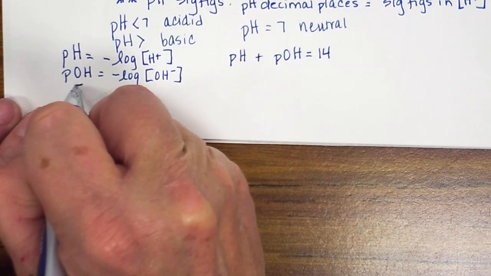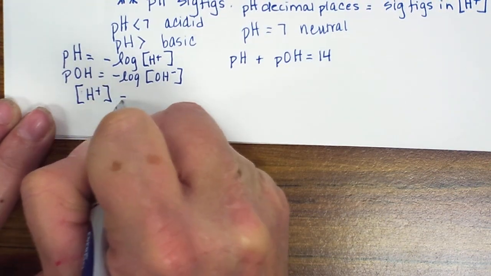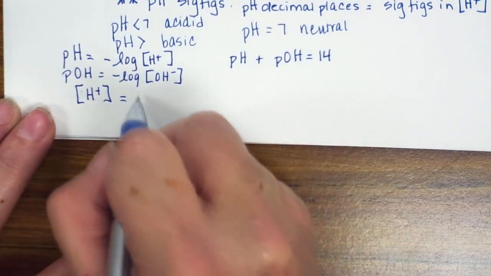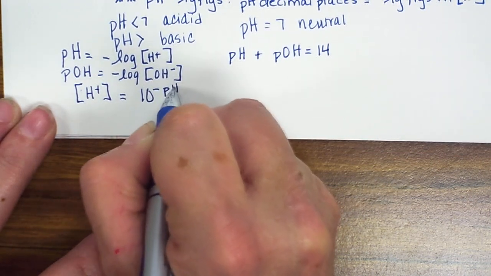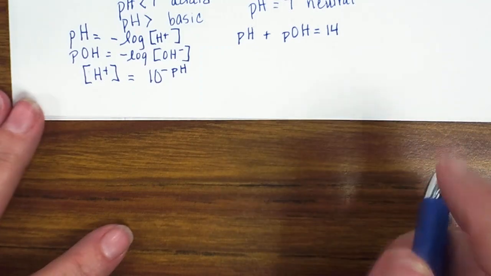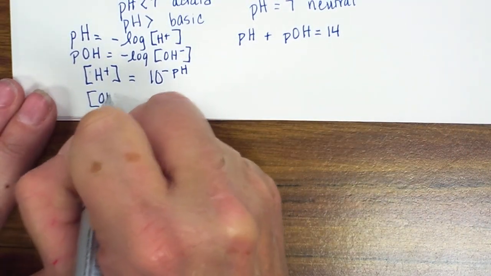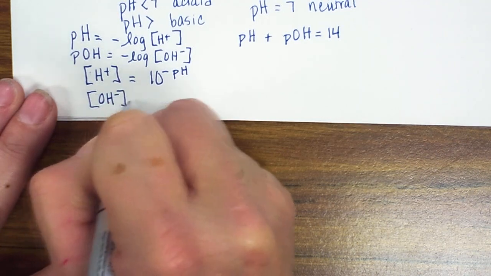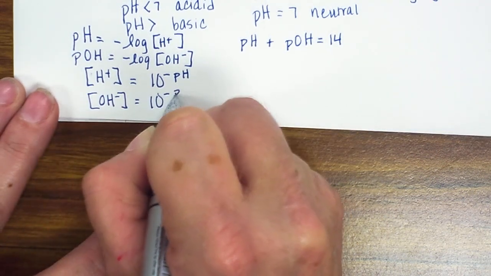The concentration of H plus equals 10 to the minus pH. That's important, by the way. The concentration of the OH minus is equal to 10 to the minus pOH.